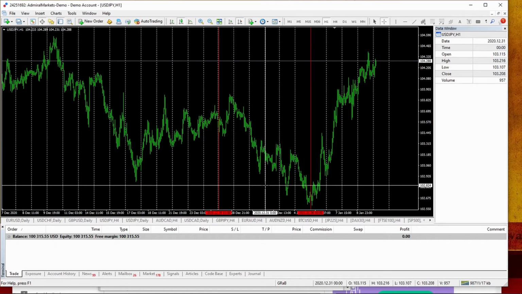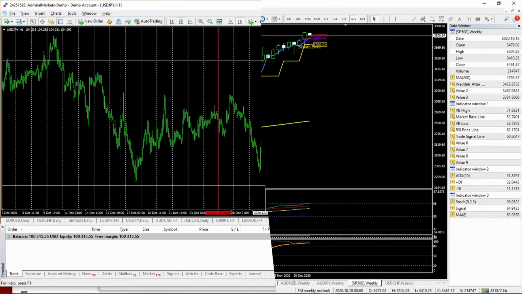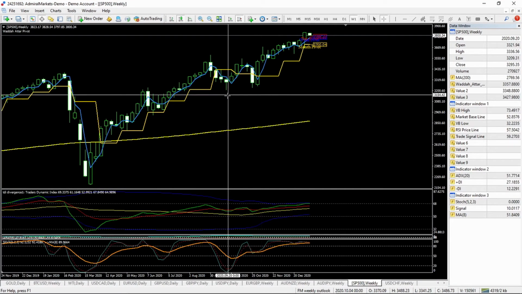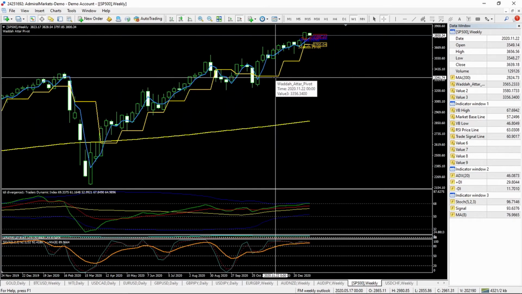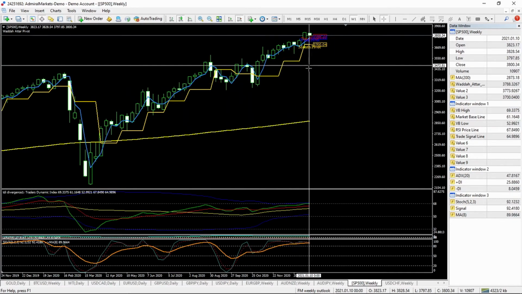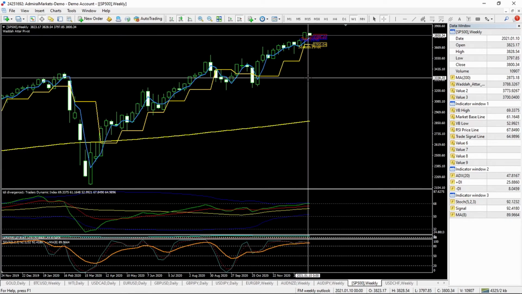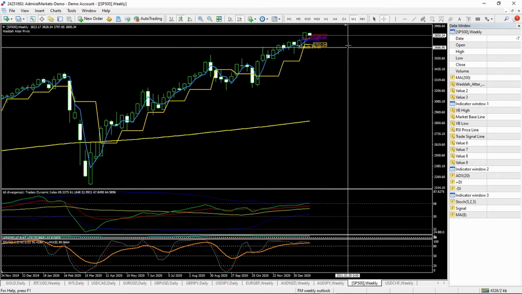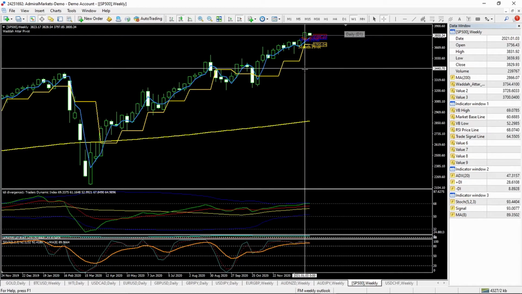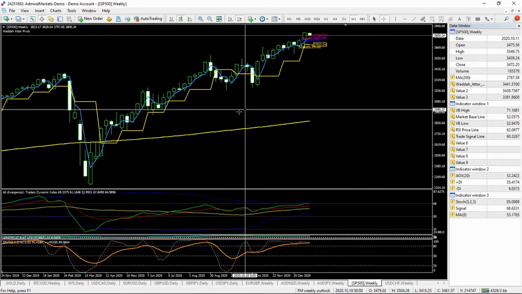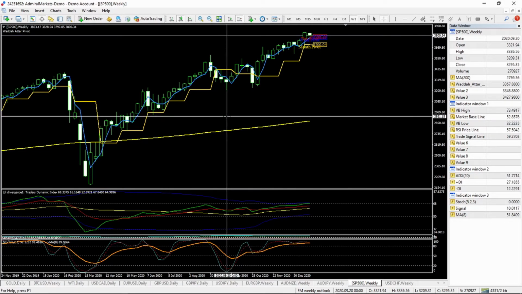All right, now back to my weekly outlook. As you can see, it's above this pivot right here, the water Attar pivot, and it's staying long. With the dollar basically rallying, I'm not sure exactly how that is going to affect the markets.